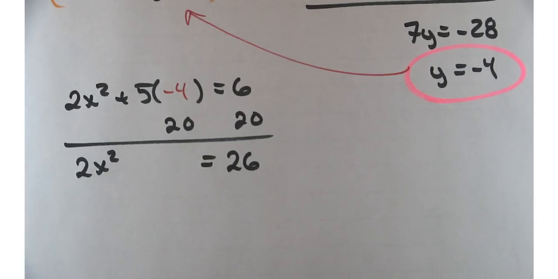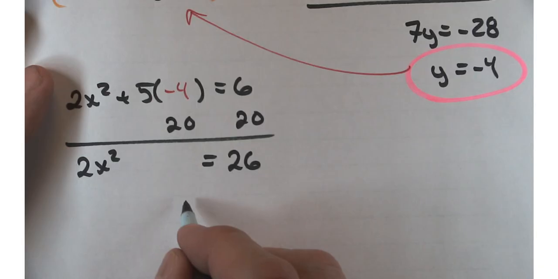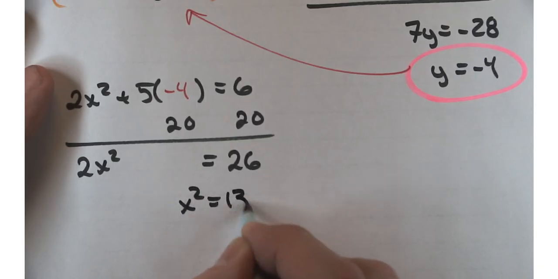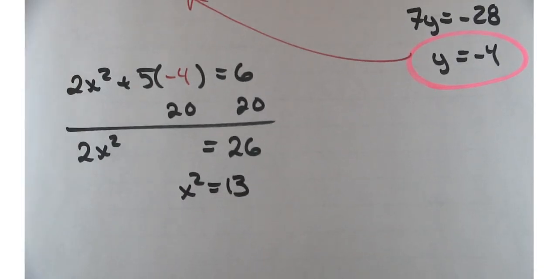Okay, not so bad. What do I do to solve? Divide by 2. X squared equals 13. Uh-oh, I see trouble in paradise. Elizabeth, what do I do? What could I do to solve for x?